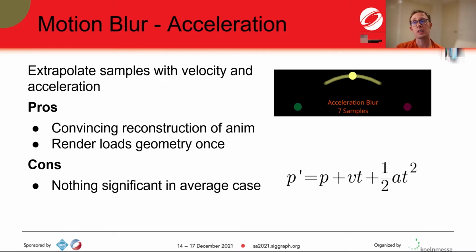If something is moving very quickly over a curved surface, like an eyelid blinking, a lot of the time you will have 7 or 9 samples of the geometry written out so that you can actually get across that curved space. But with acceleration blur, you can do that with just one. So that saves disk space there as well.